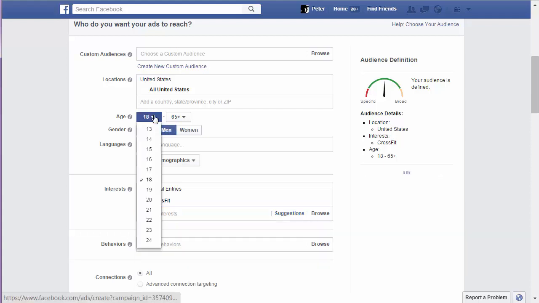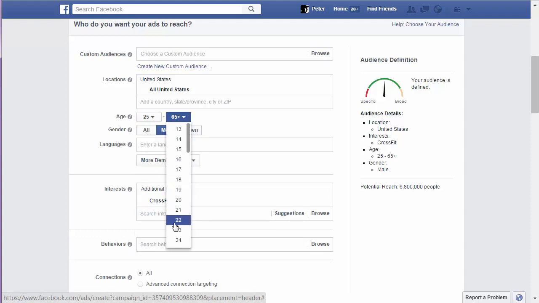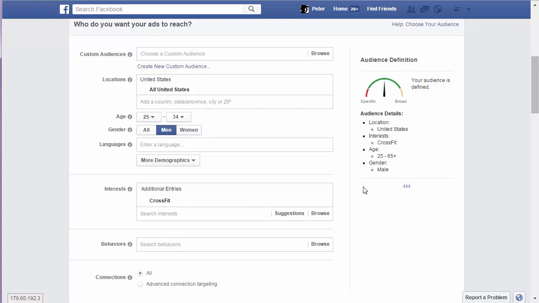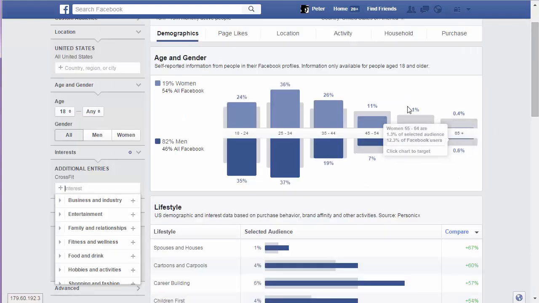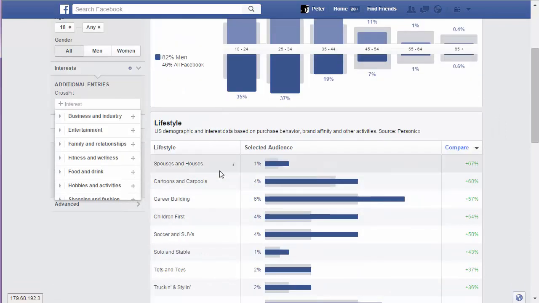So the men, 25 to 34. Okay, but that still gives us 3.7 million people. And again, which ones of those are actively interested in buying something about CrossFit from us at the moment? And this doesn't tell us.